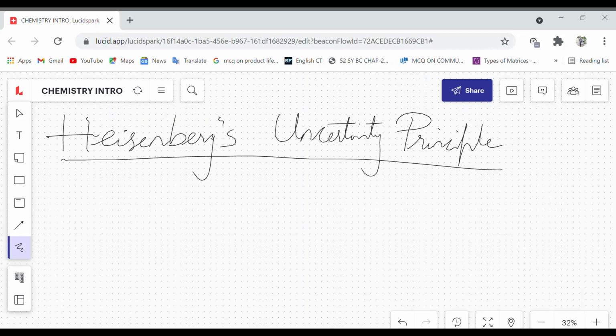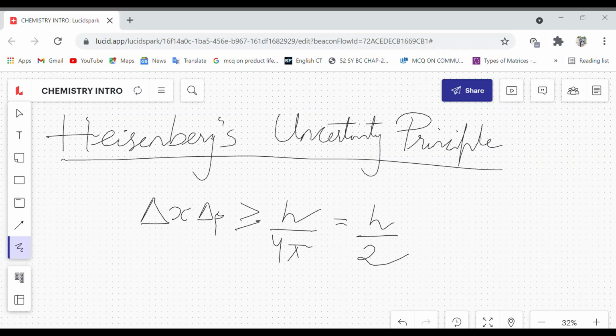Here what I can write, del x del p is greater than equal to h by 4 pi, which is equal to h by 2. Heisenberg's uncertainty principle says that del x del p is greater than equal to h by 4 pi, which is equal to h by 2.